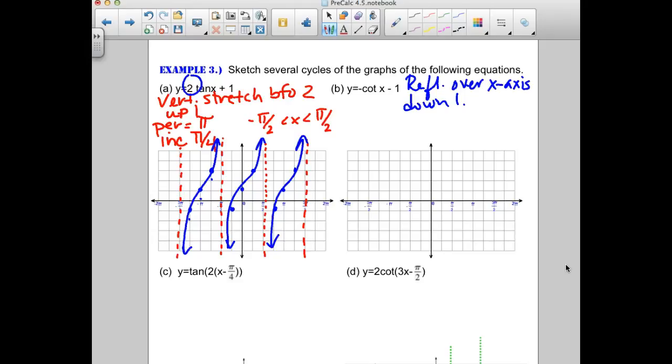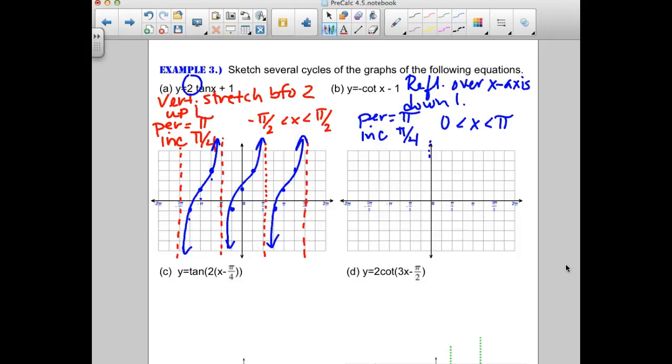It's standard, yes? So period is pi, increments are pi over 4s. Where, though, does a cotangent start and end? Cotangent's all to the right, yes? 0 to pi? Okay. All right, so we're going to go 0 to pi.